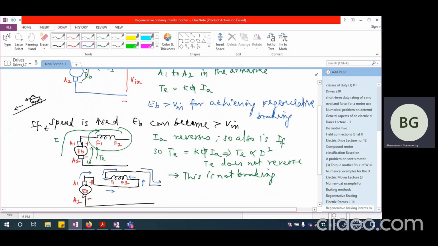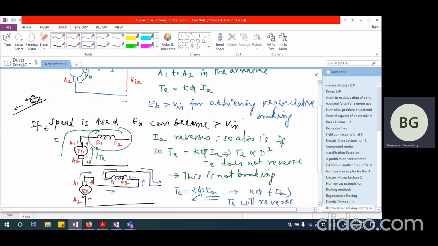So if I disconnect the field and reconnect the field in such a manner that still the current flows from F2 to F1, then TE will have K phi multiplied by IA. Now IA has only reversed, whereas phi has not reversed. So in which case this is going to be K phi multiplied by minus IA. So TE will reverse in this particular case if I am able to disconnect the field and reconnect it somewhat like this.